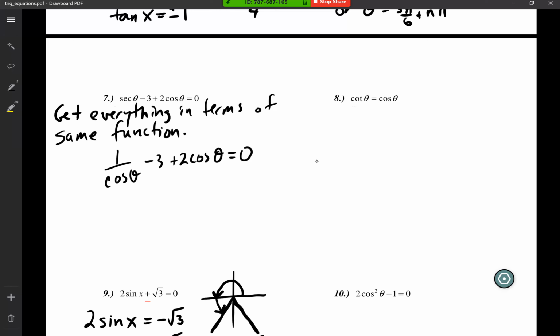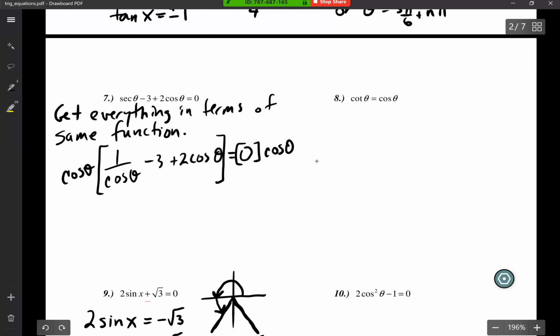This looks, I mean, none of us want to have to deal with fractions, okay? So I think the first thing that we want to do to help us out in this case is let's multiply both sides by cosine theta so that I get rid of the fraction.